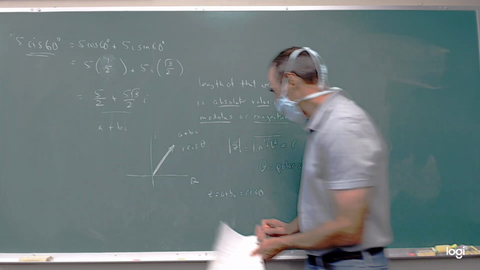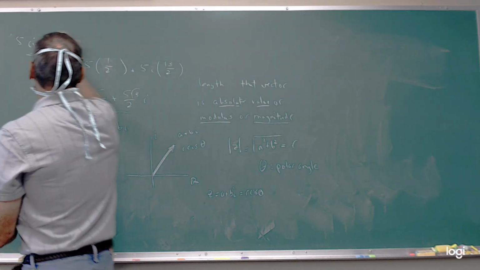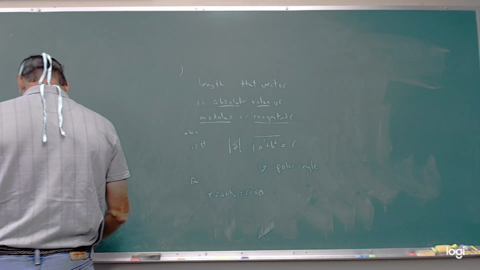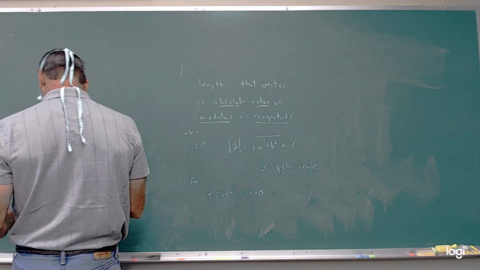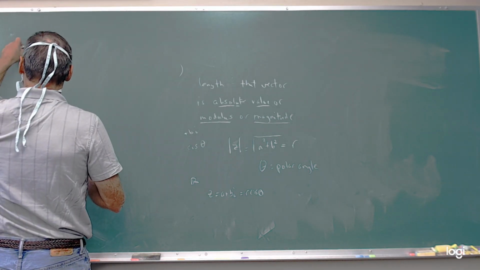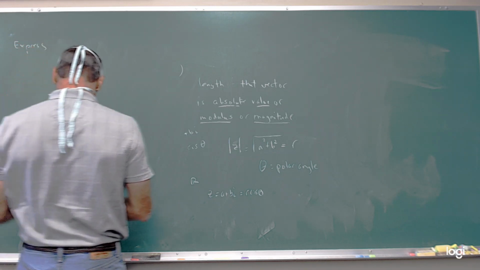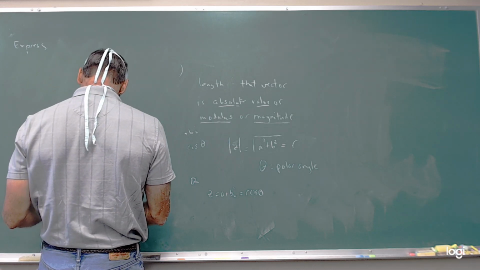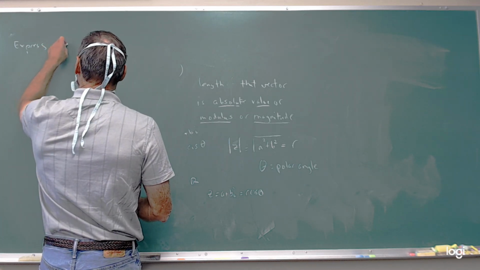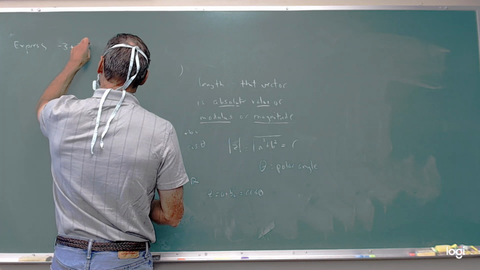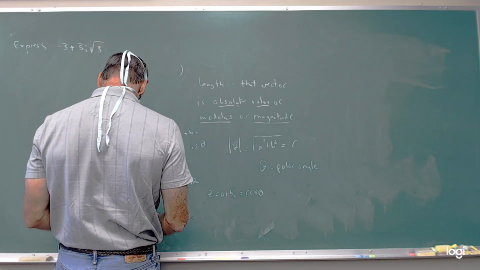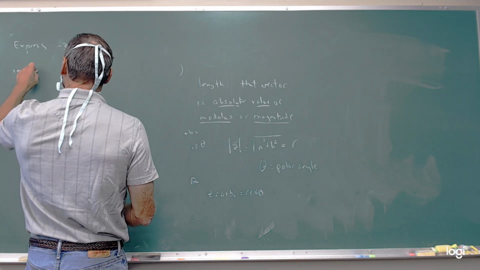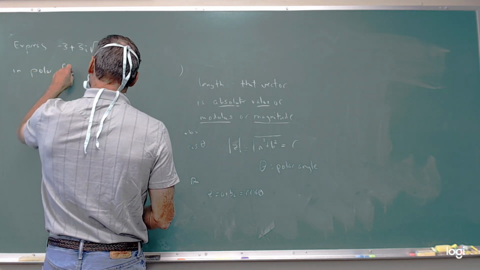Okay, so let's do an example of one of these. So let's express -3 plus 3i square root of 3 in polar form.